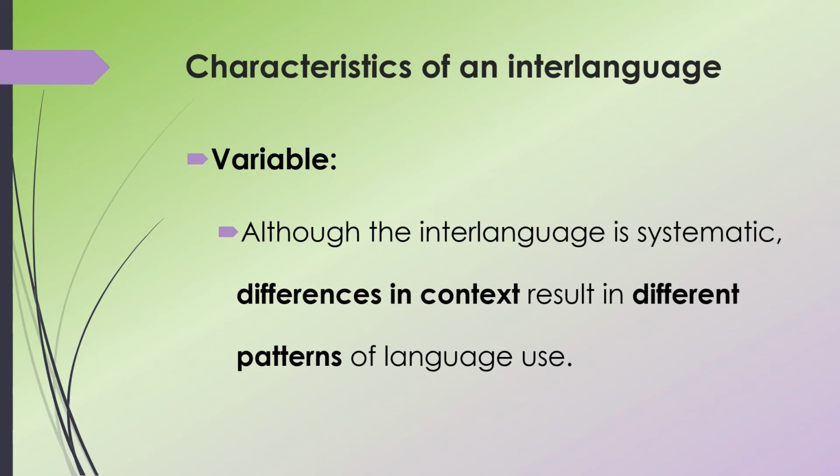For example, I am using one internalized system, that is one of my interlanguages, in one context, maybe at home. That can be different when I use it in my school or in my college or in my university, or maybe in a shop, or maybe in a country where English is used as a native language.